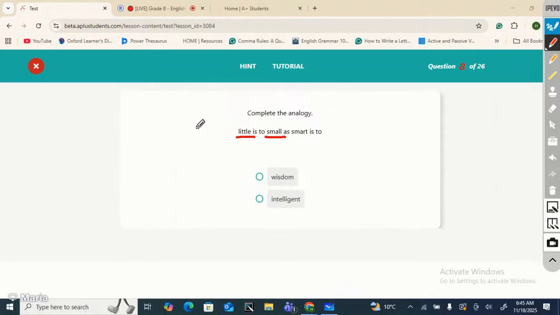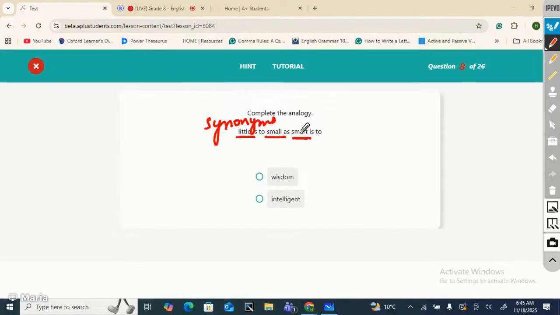Do they have the same meaning? Well, they have the same meaning. They are synonyms. So little is to small as smart is to, now you have to complete this pair as well, with which has the same relationship.